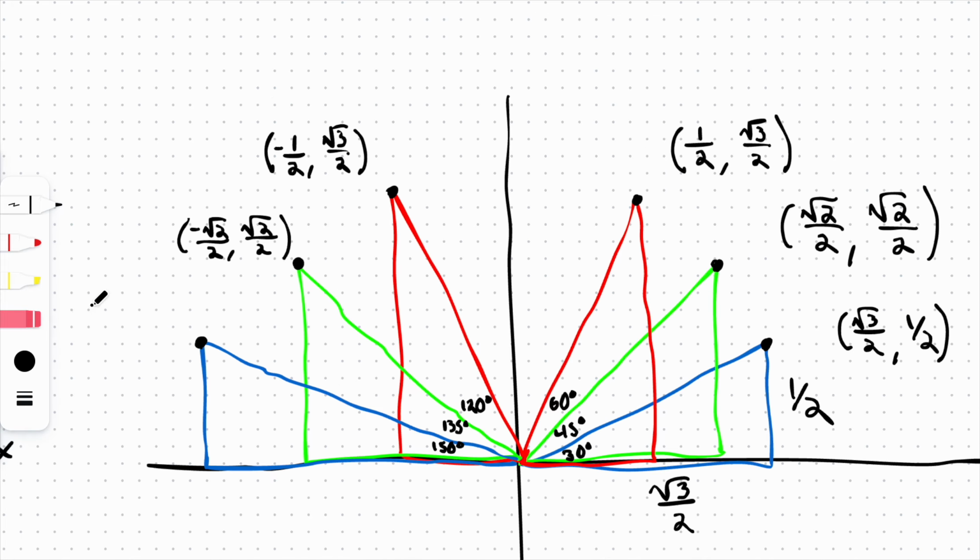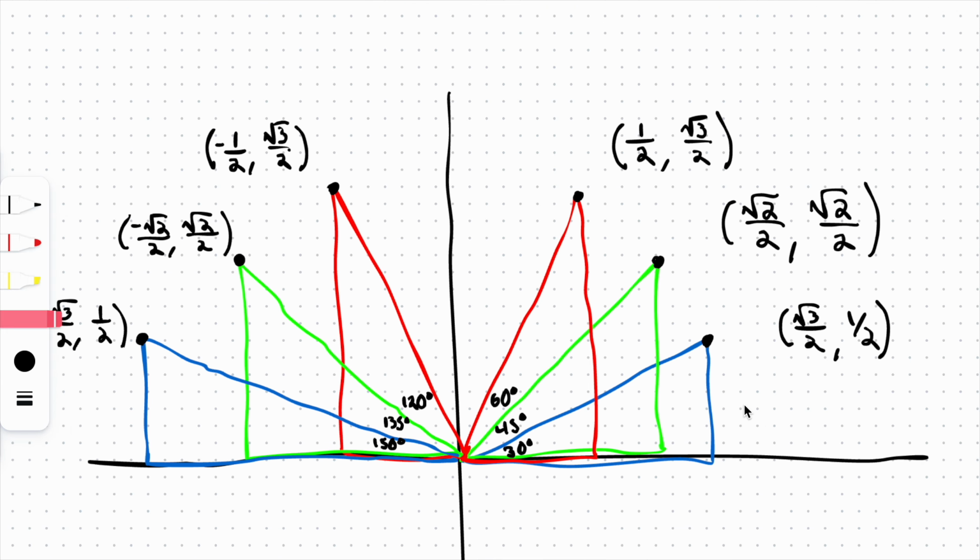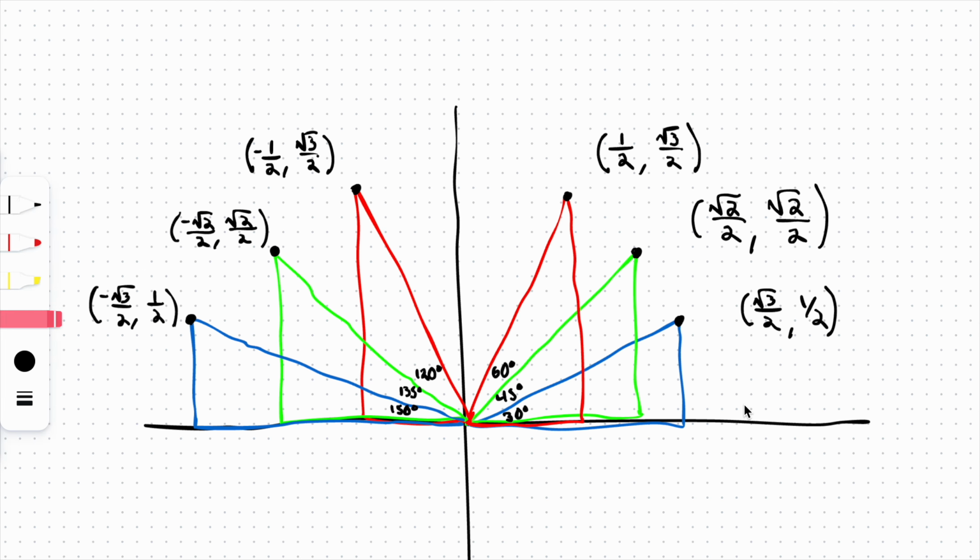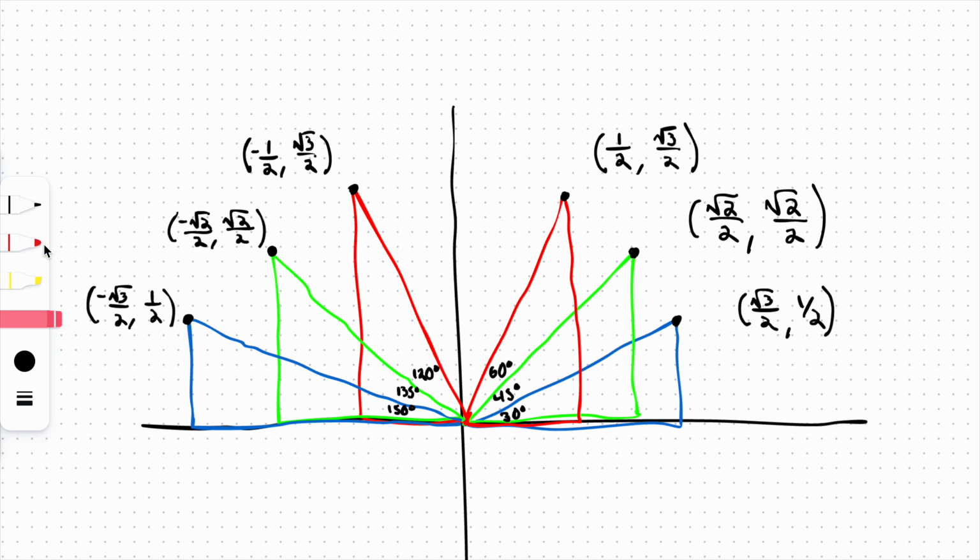So this is going to be equal to negative root 3 over 2, 1/2. Perfect. Okay, at this point, I'm going to erase some of this just for clarity's sake. Okay, this is starting to come together. It isn't perfect, I'm starting to realize, but it's all right.